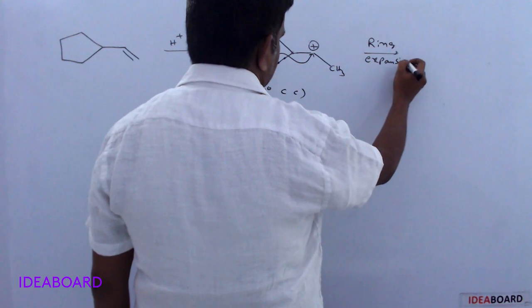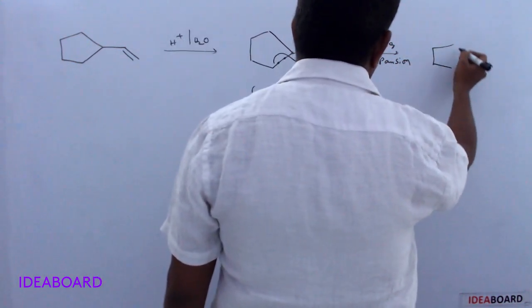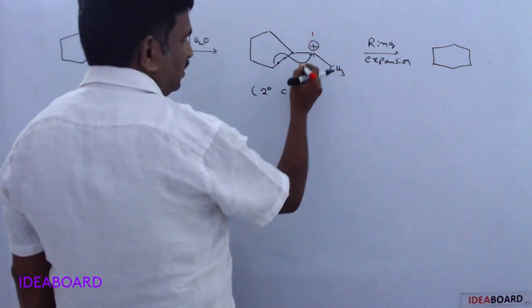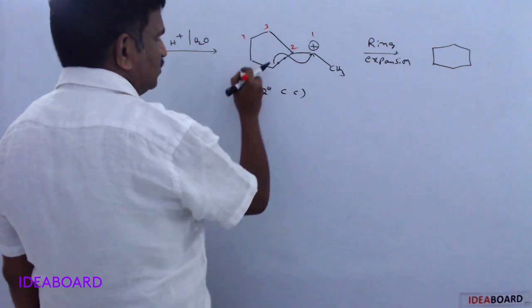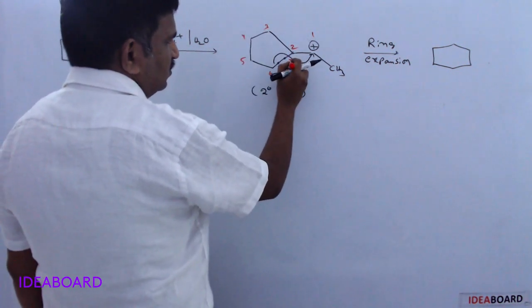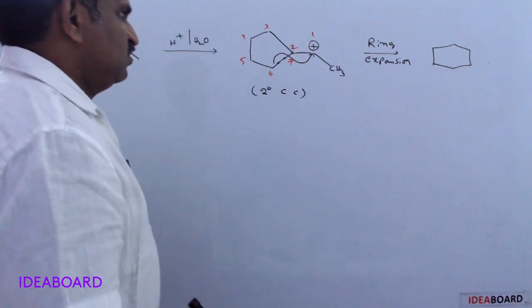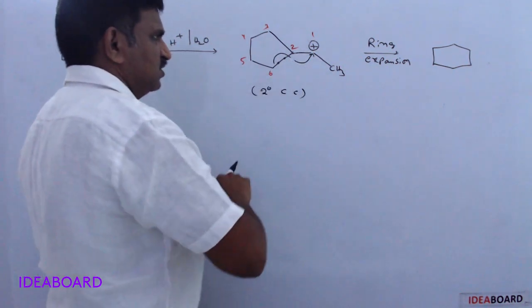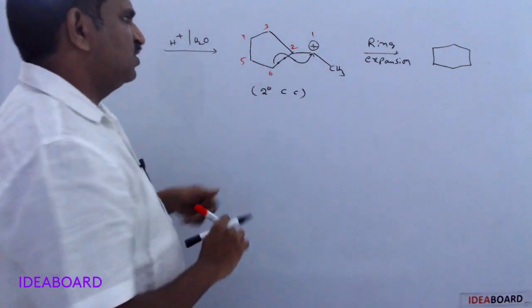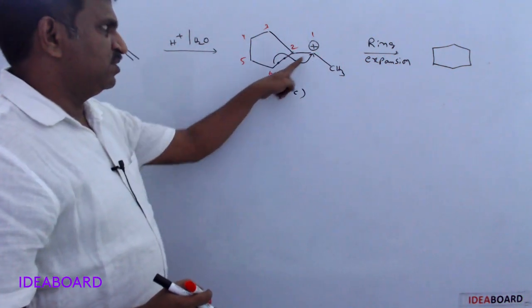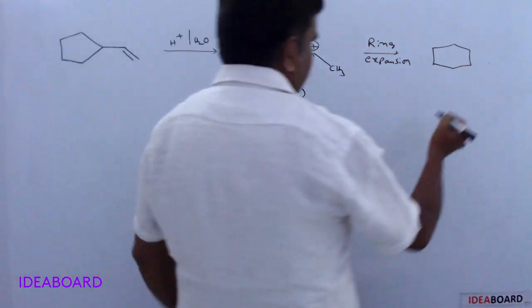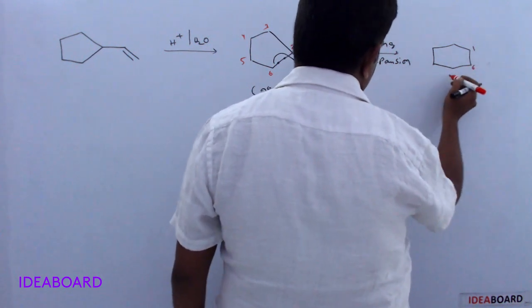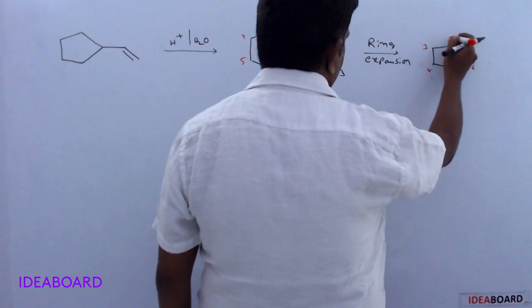Numbering the ring atoms: this is 1, this is 6, 5, 4, 3, 2.